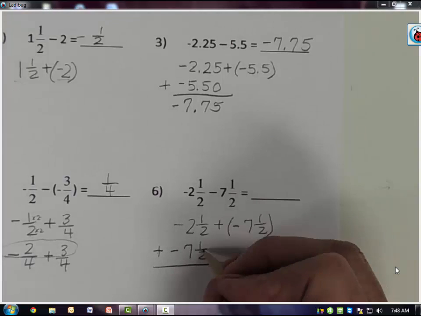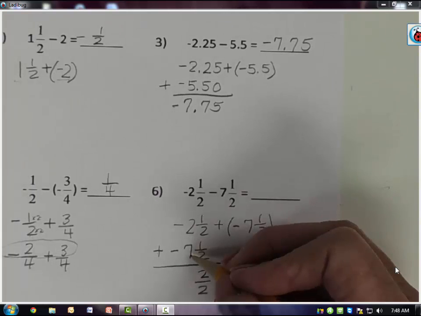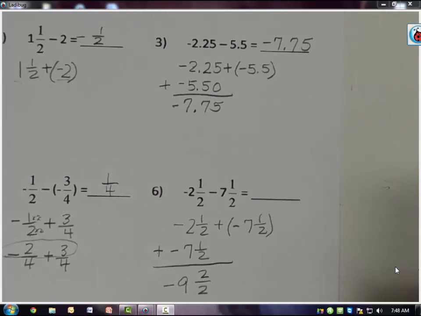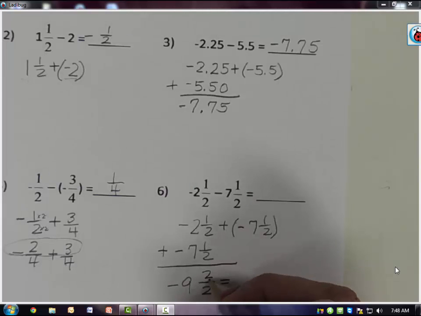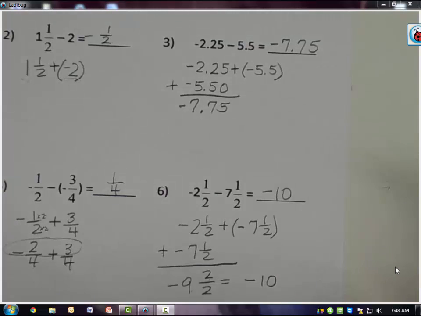Negative 2 plus negative 7 is negative 9. And as you know, 2/2 is 1 whole. So we're going to add on 1 whole to the negative 9 to make it negative 10 for our final answer. You could also think about if you owe one friend $2.50 and another friend $7.50, then you're out $10. So you can think about it with money. That makes it easier sometimes.